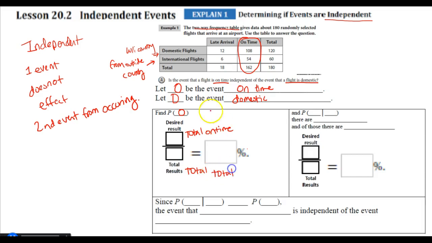The reason I'm using it twice is because total, as you can see, is 180. So how many total are on time? Well, I have a series of numbers I can choose from: 108, 54, or 162. As I can see here, total on time is actually 162.